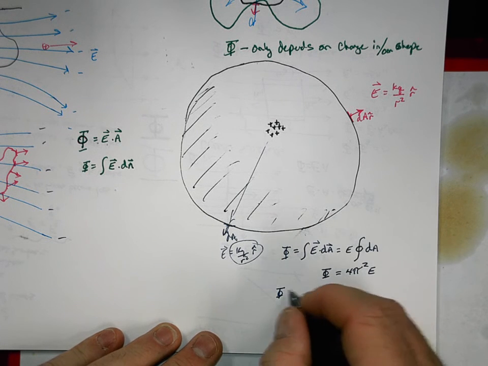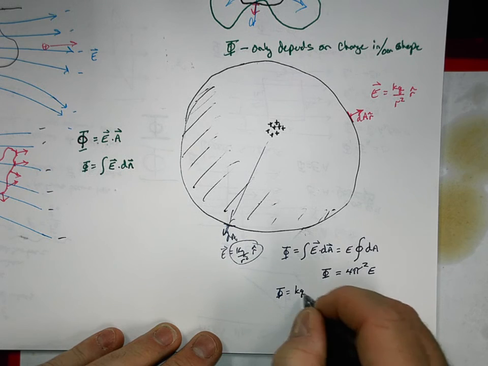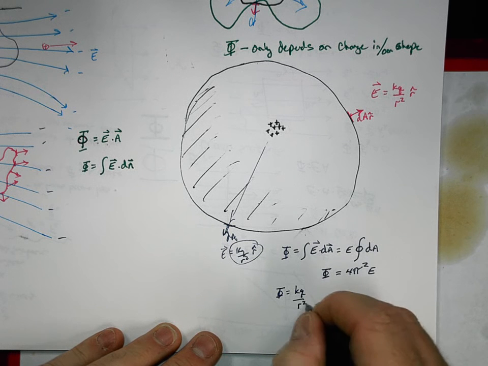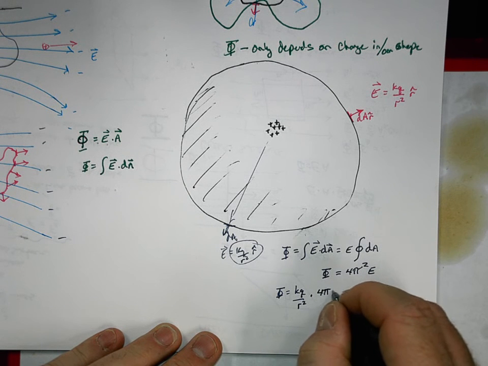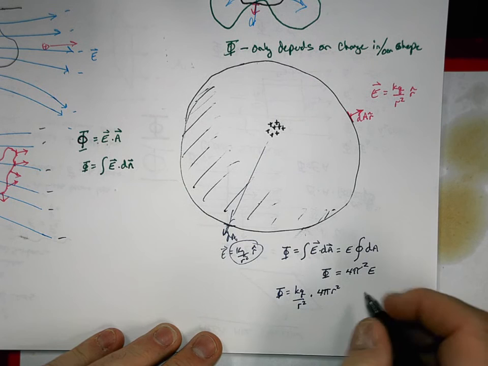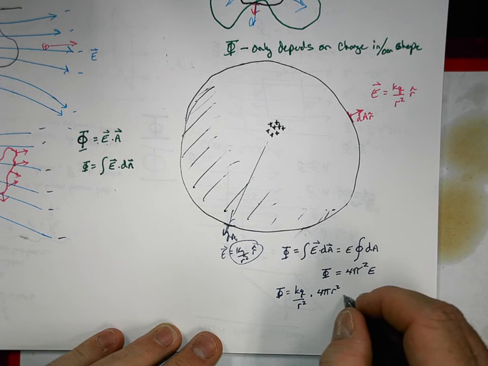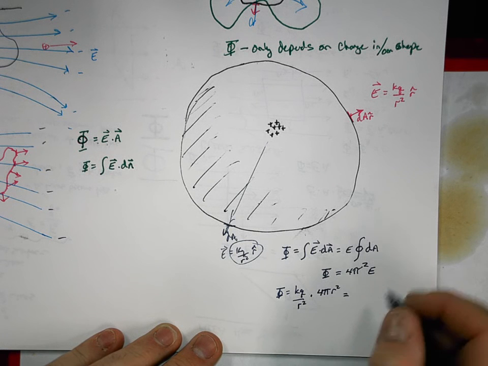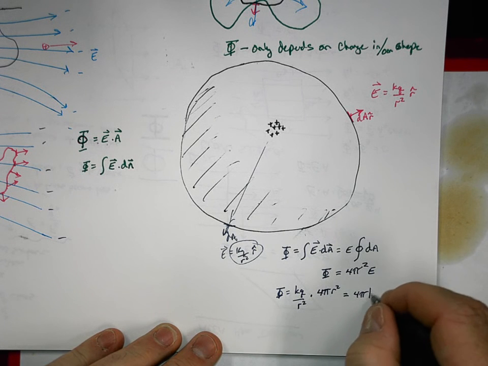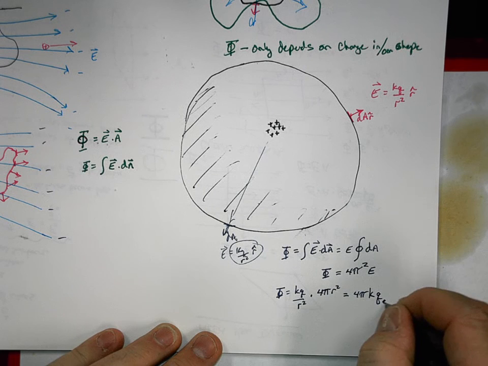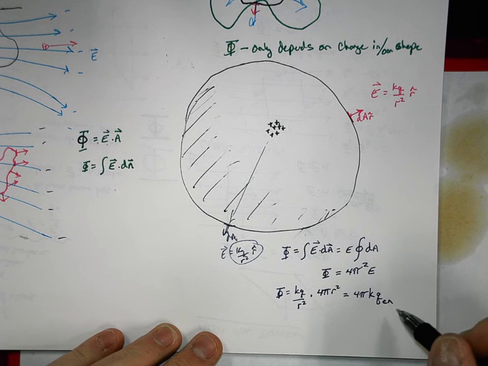This equals kQ over r squared times 4 pi r squared, which equals 4 pi kQ enclosed. We put an EN here because this is the amount of enclosed charge.